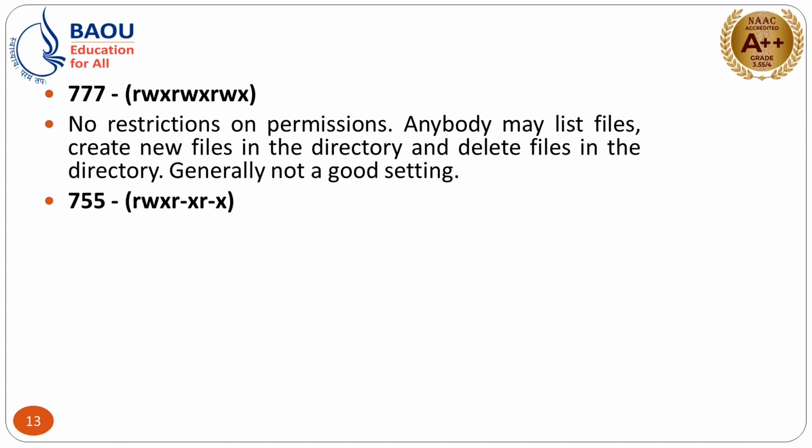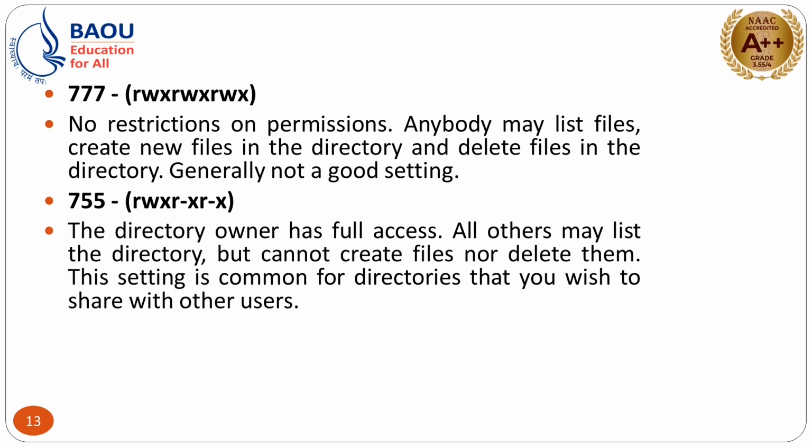If you use the 755 option, then you can see rwx, that means the owner has all three rights, the group user has only read access, only the owner has access to create files, but the group and others have no access to create, rename or delete files.